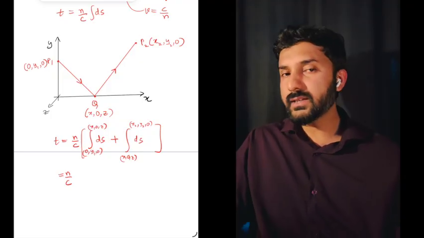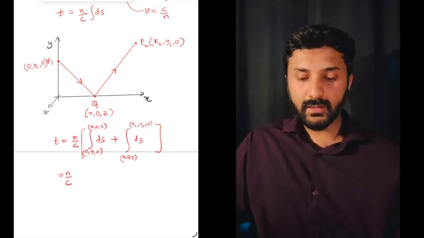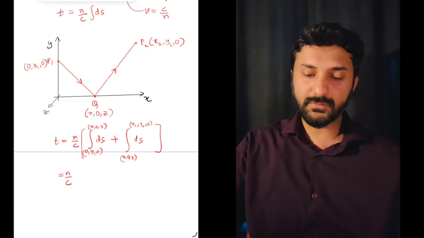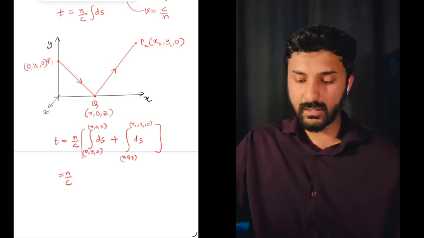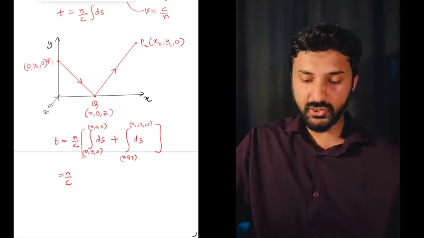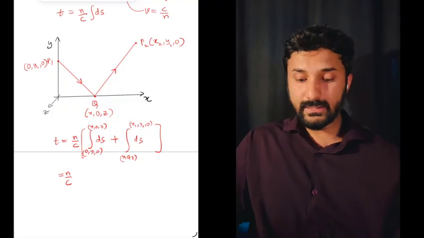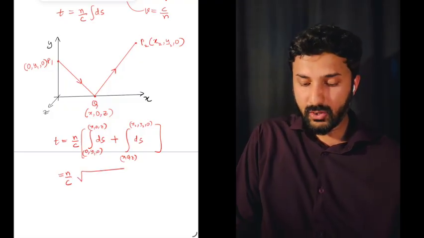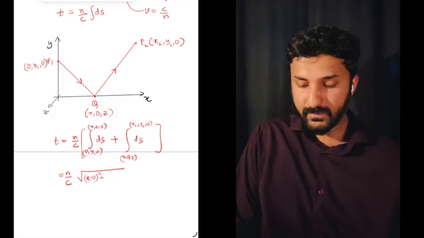Now light is traveling in a straight line, right? There's no doubt about that. And therefore we can directly use the distance formula to write down what the distances are. So initially P1 to Q, the incident light is covering a distance of square root of (x minus 0) squared, (0 minus y1) squared, and (z minus 0) squared.